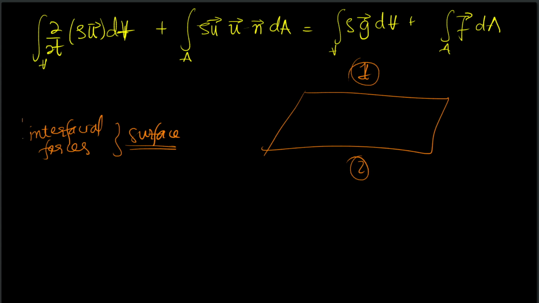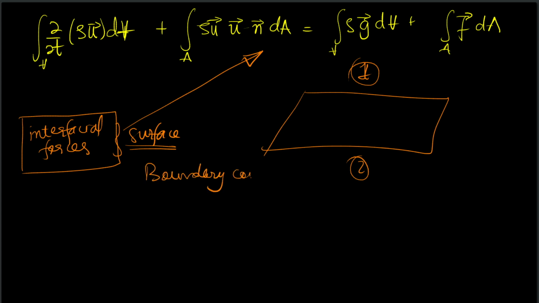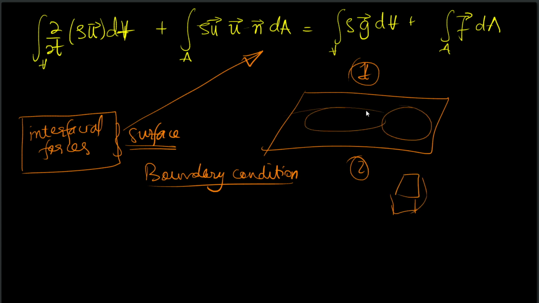So these kind of interfacial forces are typically not in the conservation equation, but they manifest themselves in the boundary conditions. They do not manifest themselves in the governing equation because they are not occurring inside a point in the domain. They are only occurring at the interface.